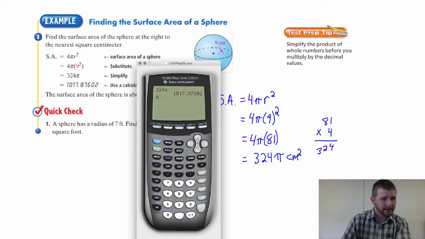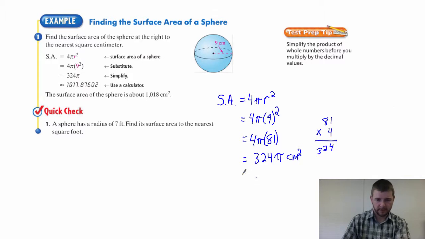We're rounding to the nearest square centimeter, so 1018 square centimeters. So approximately equal to 1018 square centimeters.